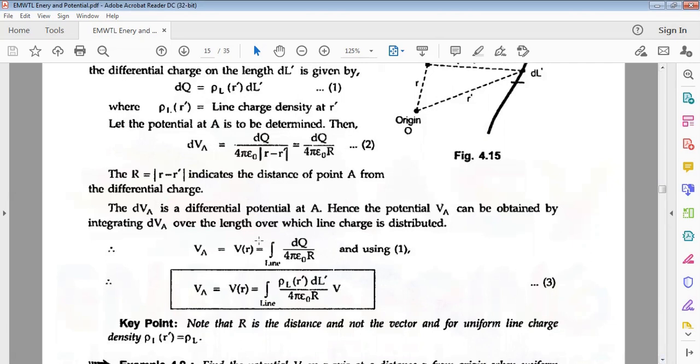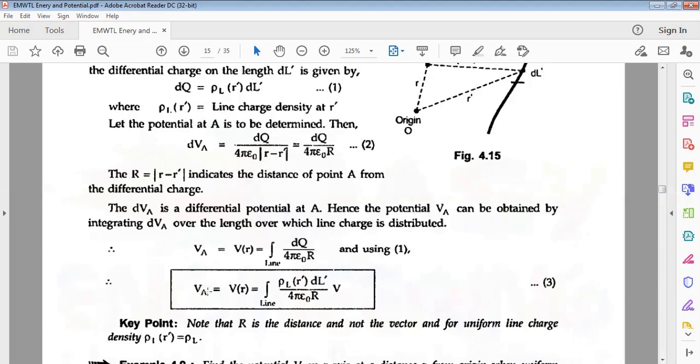Now taking the integral on both sides, the voltage at the point A, V of r, is equal to the line integral of dQ by 4 pi epsilon naught R. Okay, that R is nothing but r minus r dash. Small r is the distance from the origin to the point A, and r dash is the distance from the origin to the differential length dl bar.